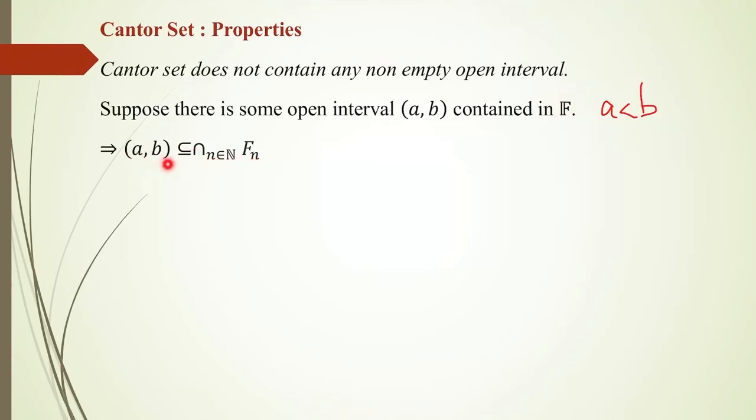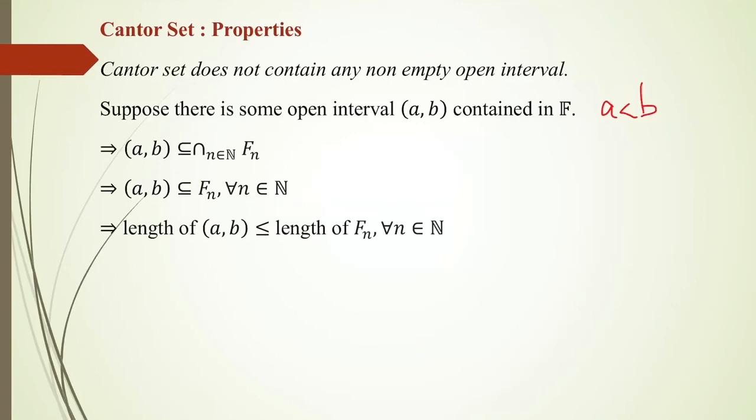So if (a, b) is a subset of the intersection of Fn, (a, b) should be a subset of each Fn. So we have the open interval (a, b) is a subset of Fn for all n in the natural numbers. Then the length of (a, b) must be less than or equal to the length of Fn.